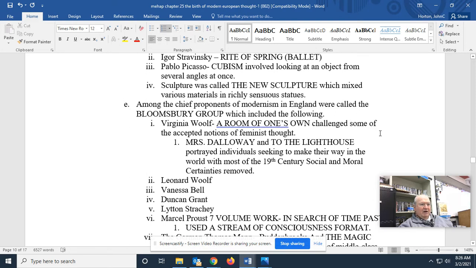Mrs. Dalloway and To the Lighthouse, also by Virginia Woolf, portrayed individuals seeking to make their way in the world with most of the 19th century social and moral certainties removed. Yeah, that's self-explanatory. Doing away with the old conventions of the 19th century Victorian age sentiments, which were basically big cover-ups.